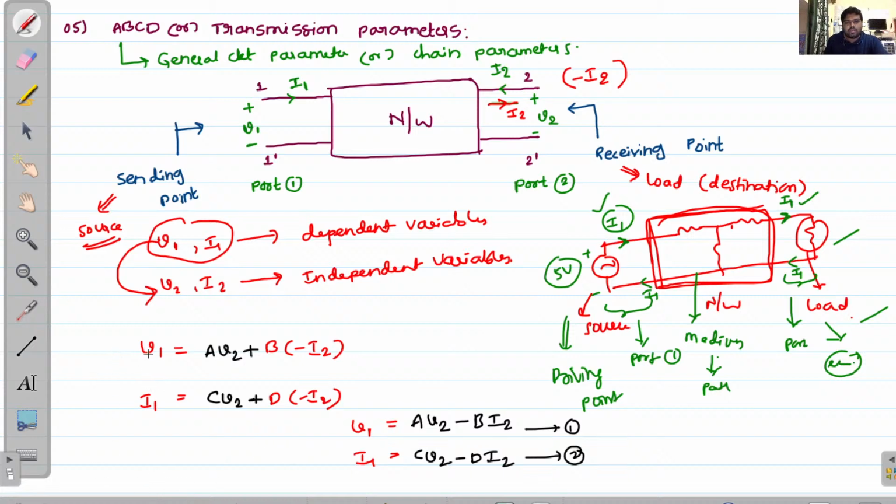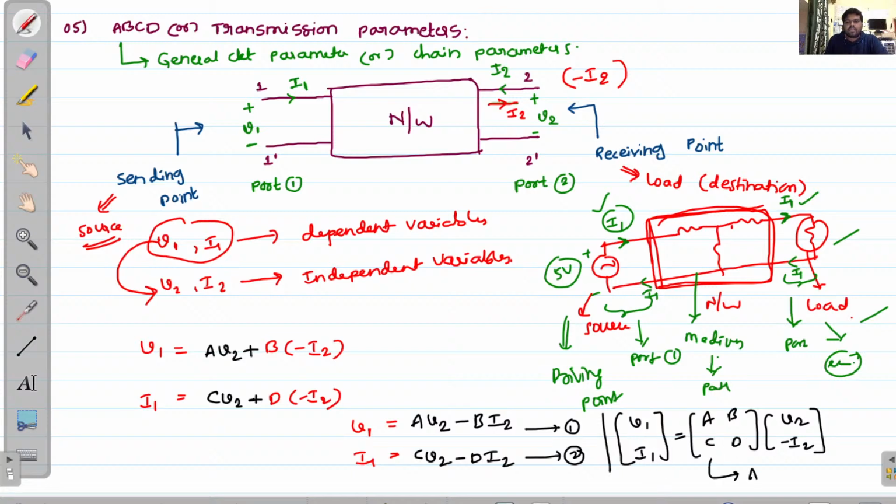Now you can form a matrix form, that is V1, I1, then you will get the ABCD matrix, and then you take the independent variables, that is V2, minus I2. So this is your matrix format of the transmission parameters, and this is your ABCD matrix, the transmission matrix. Now you can evaluate the ABCD parameters. That means you can evaluate the A value, B value, C value, D value, right? So for that you can take these two expressions.